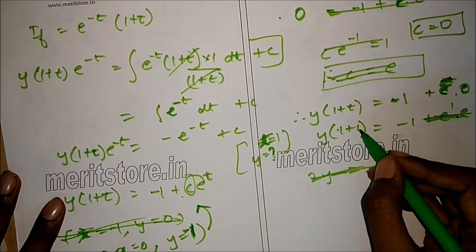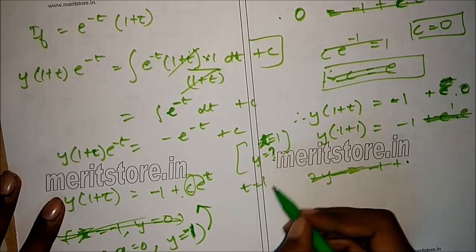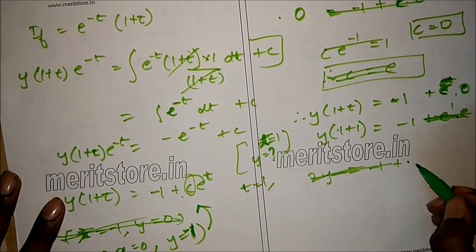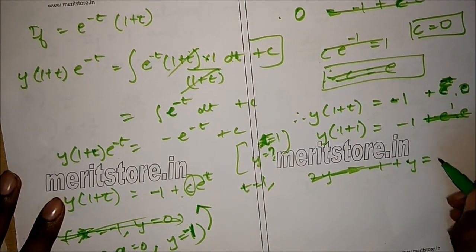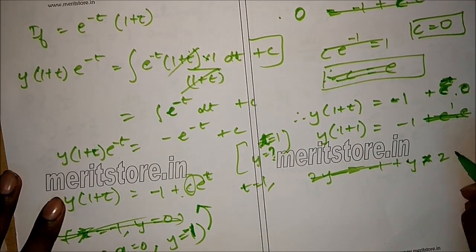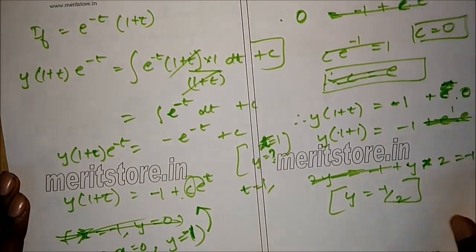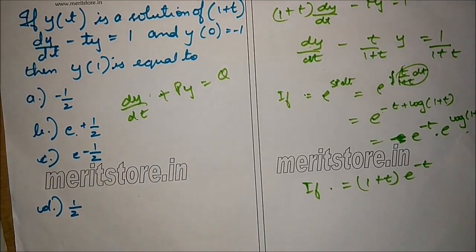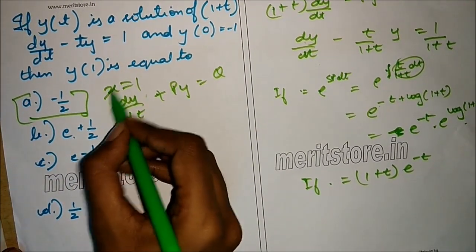So when t is 1, y into 1 plus 1, that is y into 2, will be equal to minus 1. So y will be minus half. So the answer is minus half, which is y of 1, that is when x equals t equals 1.